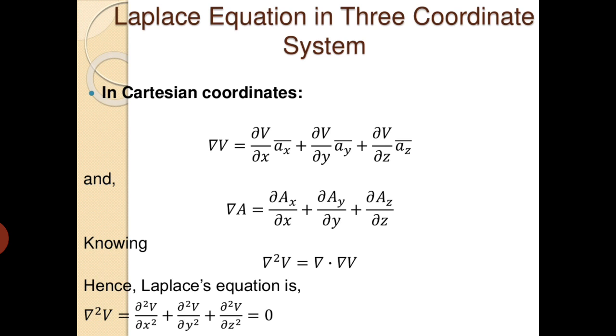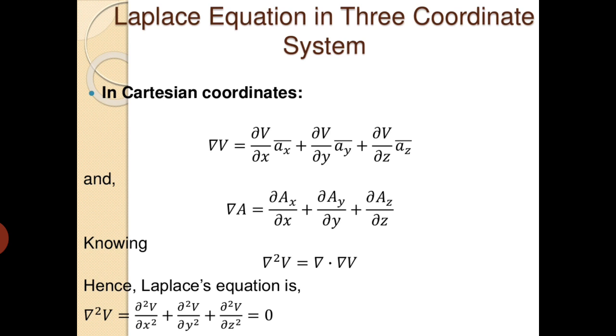Hence we can write the Laplace equation as del square v equals dou square v by dou x square plus dou square v by dou y square plus dou square v by dou z square equal to 0. This is the Laplace equation in the Cartesian coordinate system, which we can use to solve problems if the potential function is given, right? Evaluating it to 0, we can check whether the potential satisfies the Laplace equation.